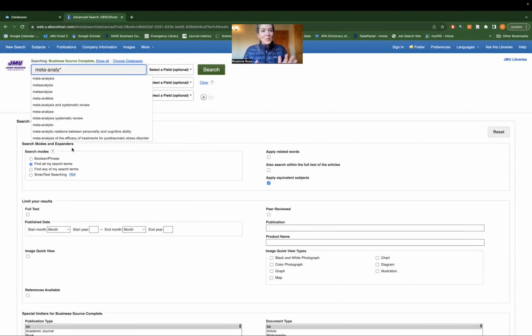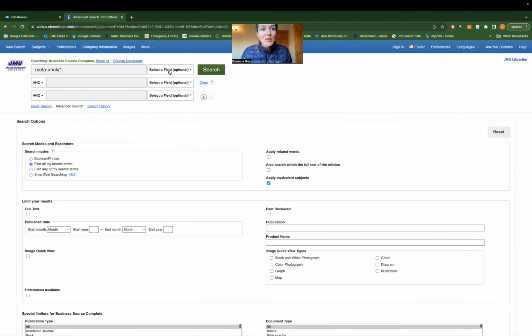This will give you meta-analytic, and this will give you meta-analysis, because it's creating a stem that then will find anything that has that stem and then the derivative endings of the phrase as well. For most, if not all meta-analyses, they will put the term meta-analytic or meta-analysis in their title.